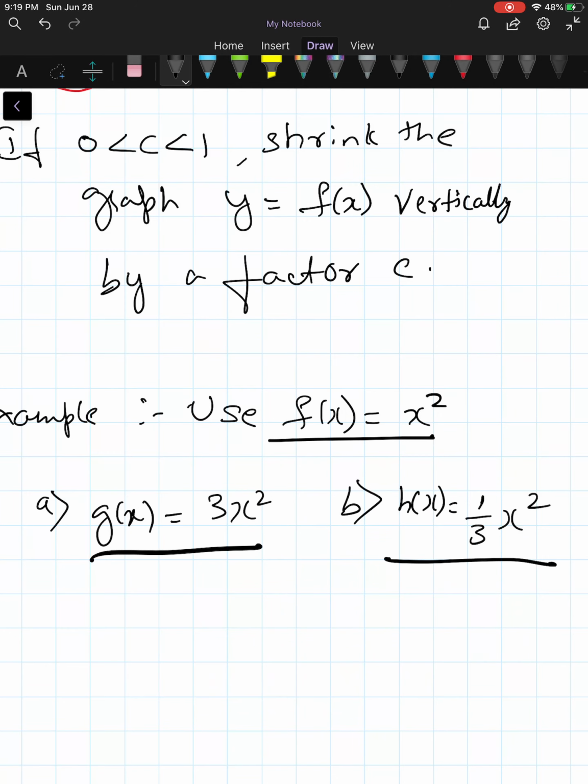I will write the function here. So example 2: here you are trying to illustrate all the effects combining shifts and reflections and stretching.